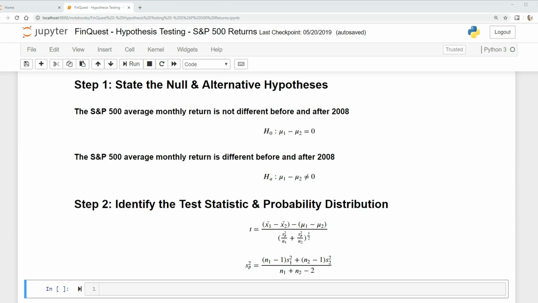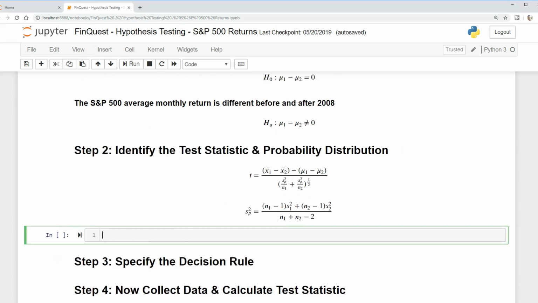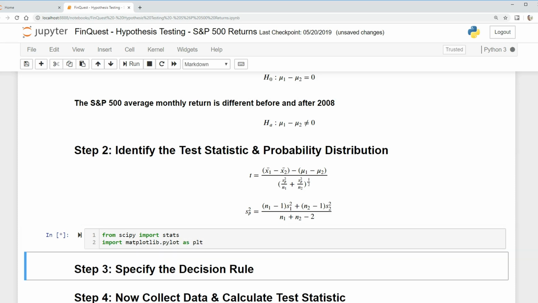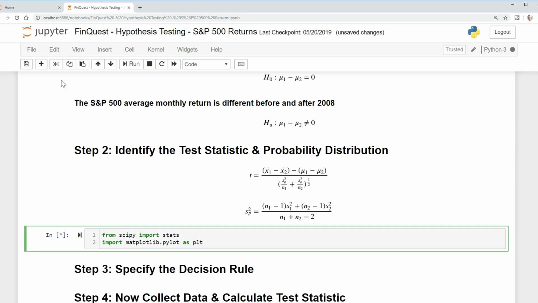So now let's continue. Let's see if we can actually look at what a normal distribution looks like. To do that, all we need to do here is import some libraries. So we're going to say from scipy import stats, and we're going to say import matplotlib.pyplot as plt. Run that. Hopefully that will go through.